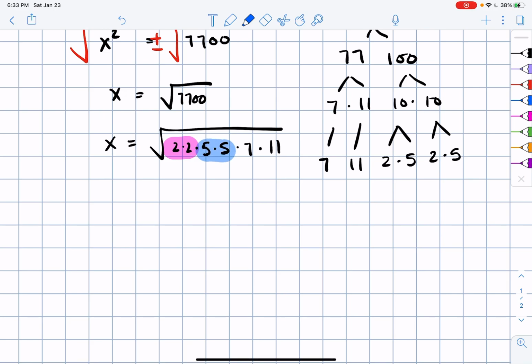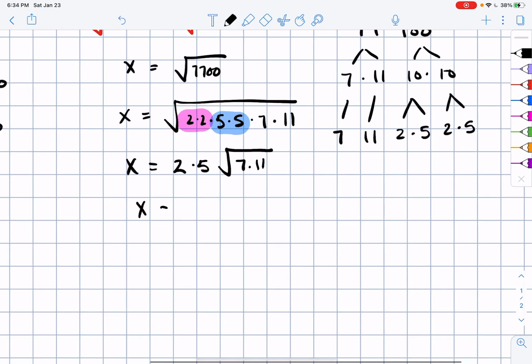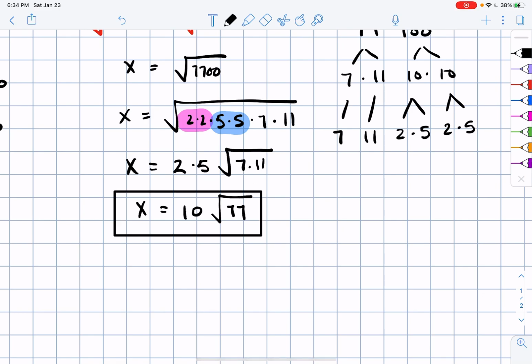And then everything else is single. So x is going to be, the pair of 2 comes out, the pair of 5 comes out. What's left inside? The 7 and the 11. So what I have left is 10 square root of 77. That would be my answer for number 1.